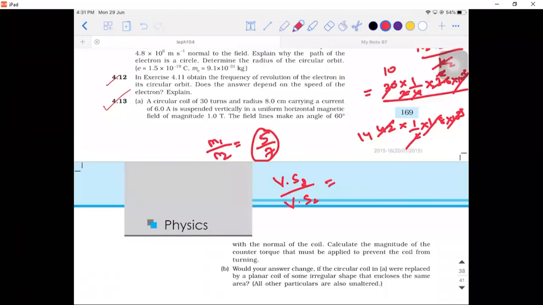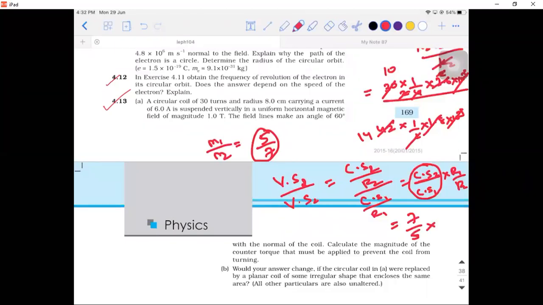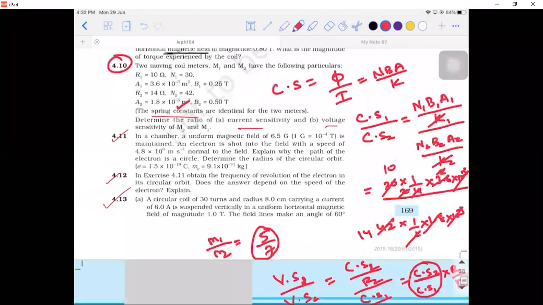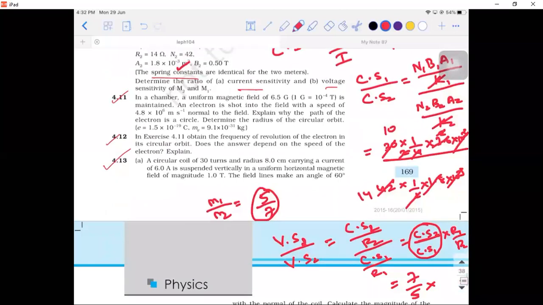It will be the current sensitivity of 2 divided by R2, divided by the current sensitivity of 1 divided by R1. That is the current sensitivity of 2 by the current sensitivity of 1, into R1 by R2. But the ratio of current sensitivities is 7 by 5 according to our previous problem. Into what is the value of R1 by R2?